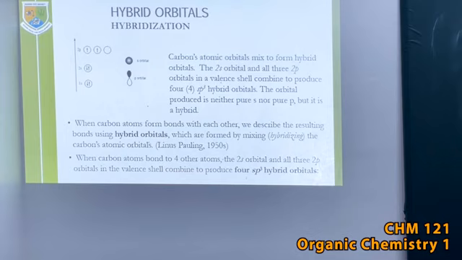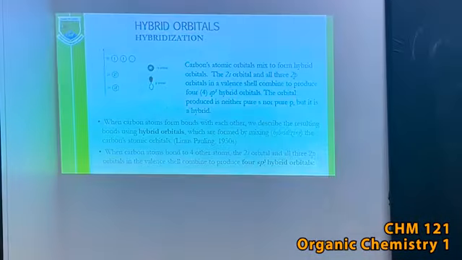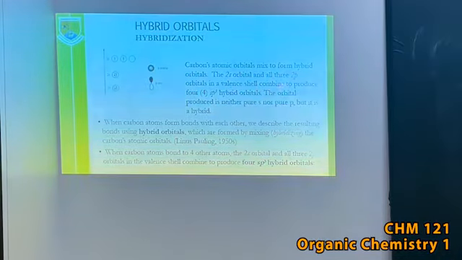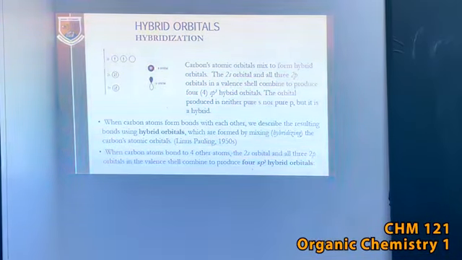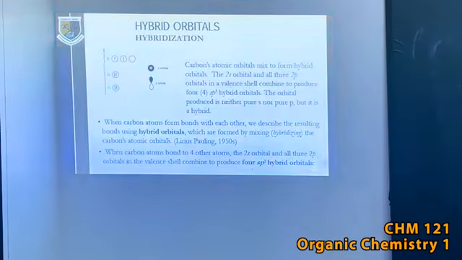Okay? So hybridization means that the 2s orbital and the 2p orbitals in a valence shell all combine to form 4 sp3 hybrid orbitals.